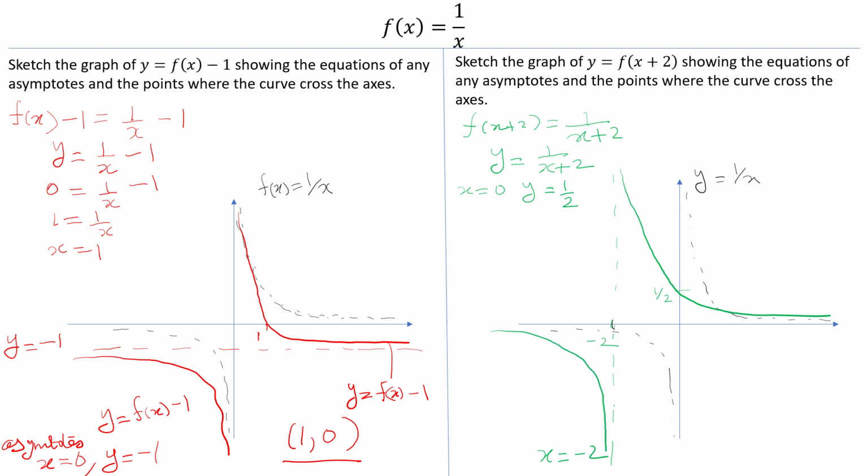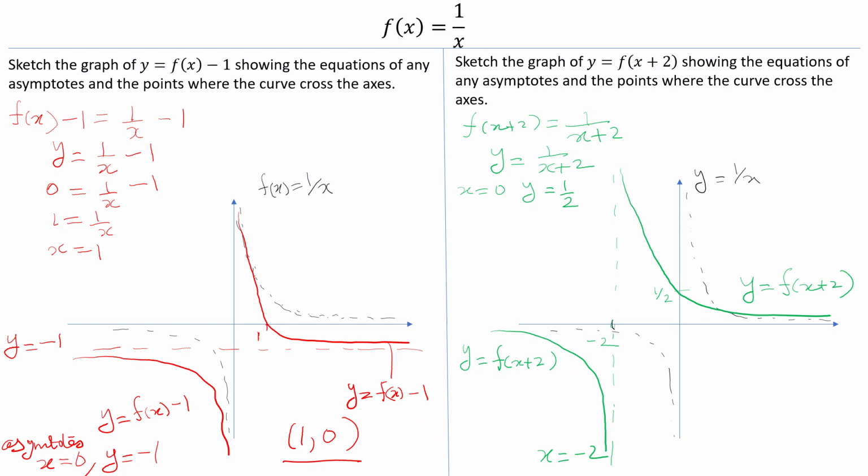So this is the graph y equals f(x plus 2). The graph shifts left by 2.